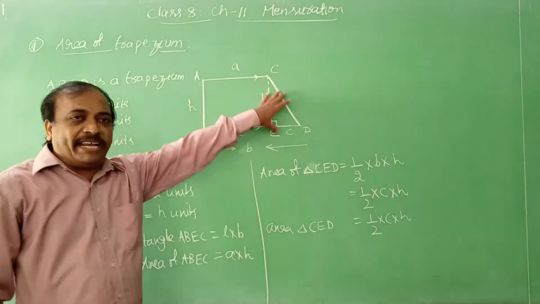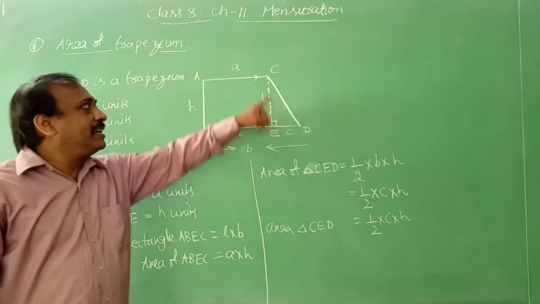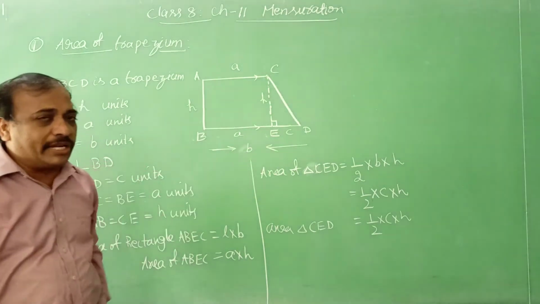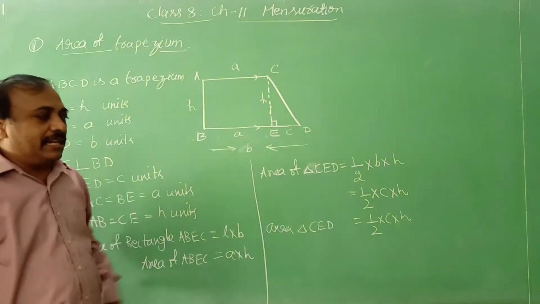Now observe this figure. To get the complete area of the trapezium, if we add the area of ABEC and the area of ECD together, we will get the area of the trapezium.